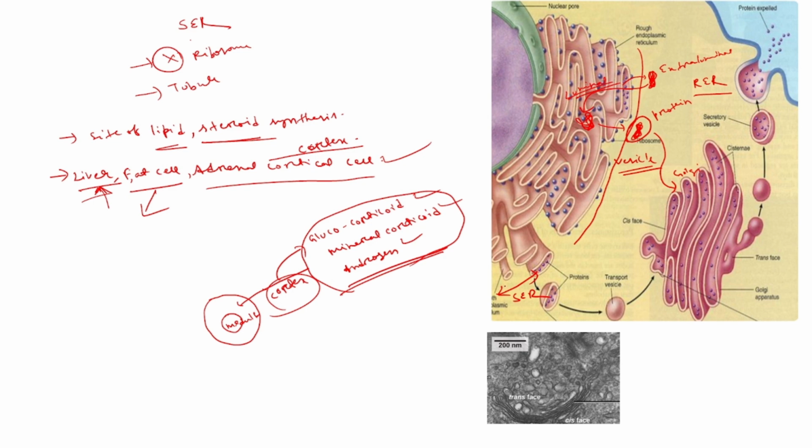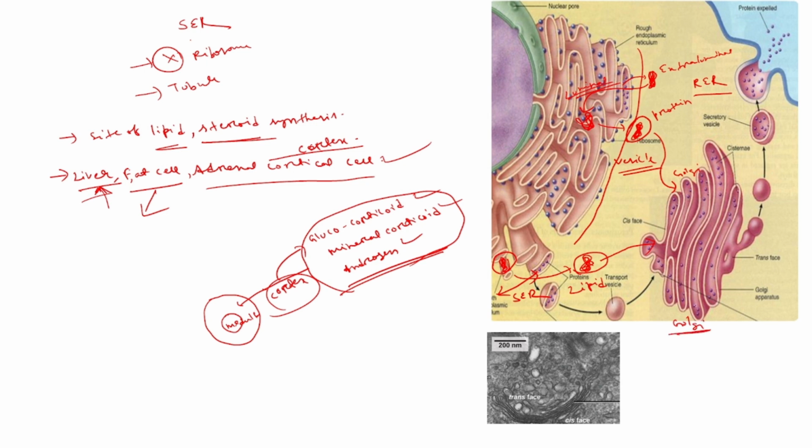Look at the structure. Here also, let's say the lipid is present. Here also, like the rough endoplasmic reticulum, it forms a vesicle-like structure, and inside it the lipid is present, and now the lipid is transported again into the Golgi.